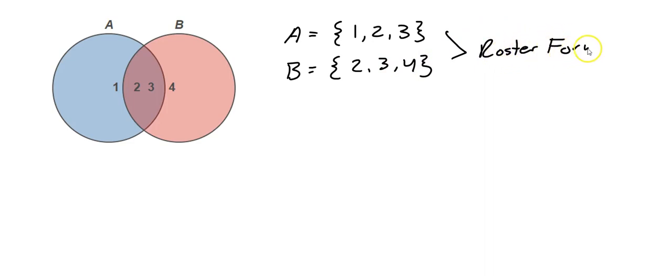In B, which is this circle here, we have 2, 3, and 4. Notice both of these are in roster form. These are the elements. These are the set names.